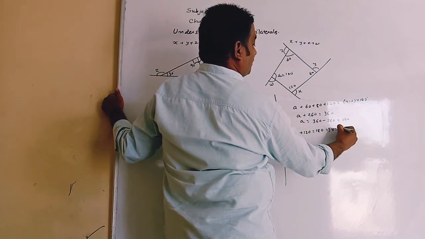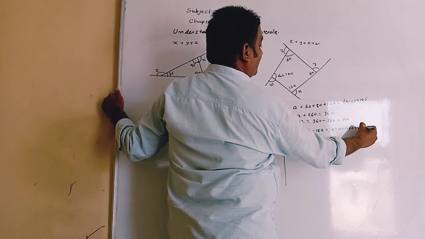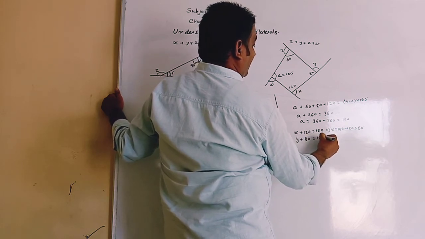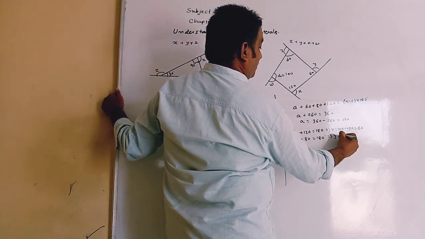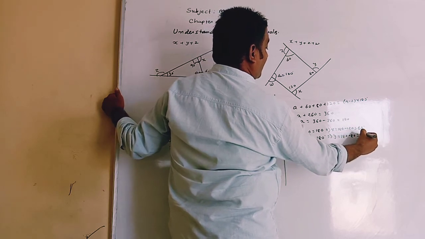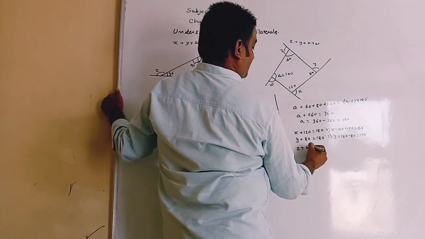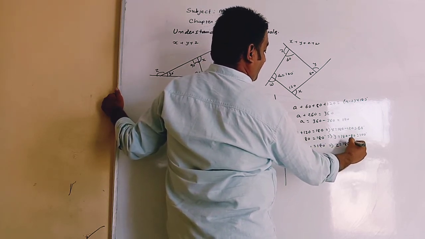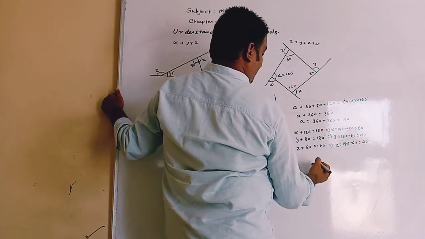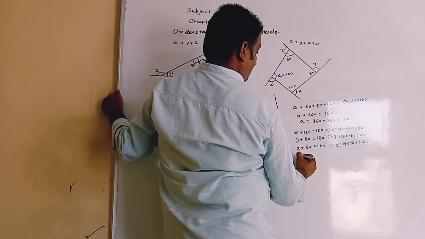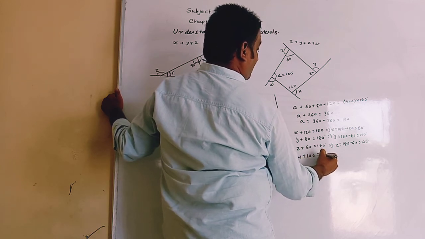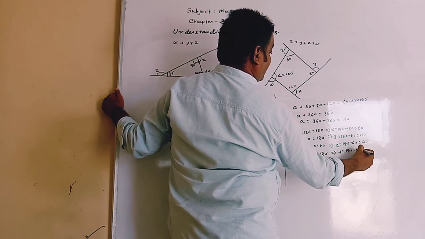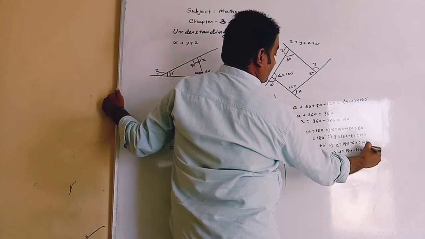So x equals 180 minus 120, which is 60. y plus 80 equals 180, and so y equals 180 minus 80, that is 100. z plus 60 equals 180, and so z equals 180 minus 60, that is 120, and w plus 100 equals 180, so w equals 180 minus 100, that is 80.